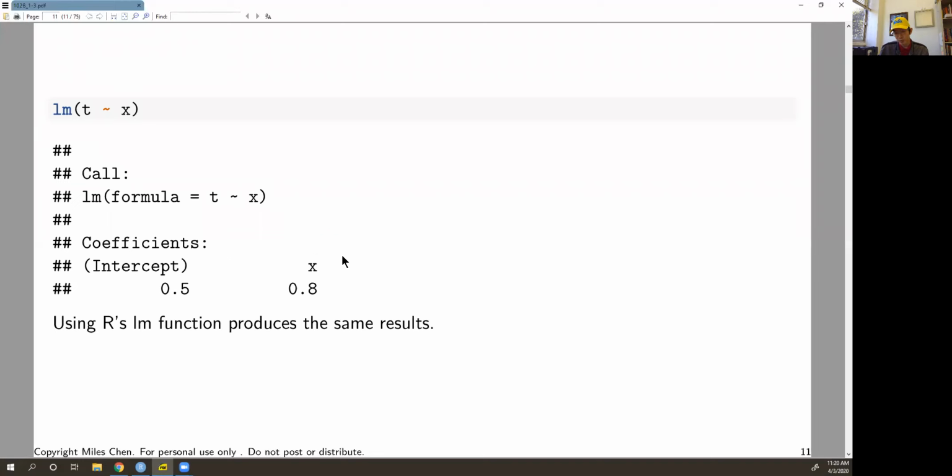And lm is minimizing the same loss function. It doesn't use matrix operations in the internals, but it is minimizing the same loss function, and so that is what we get.